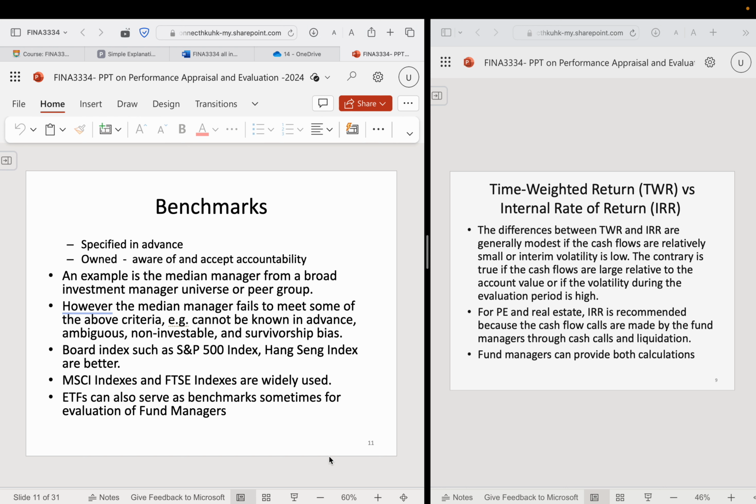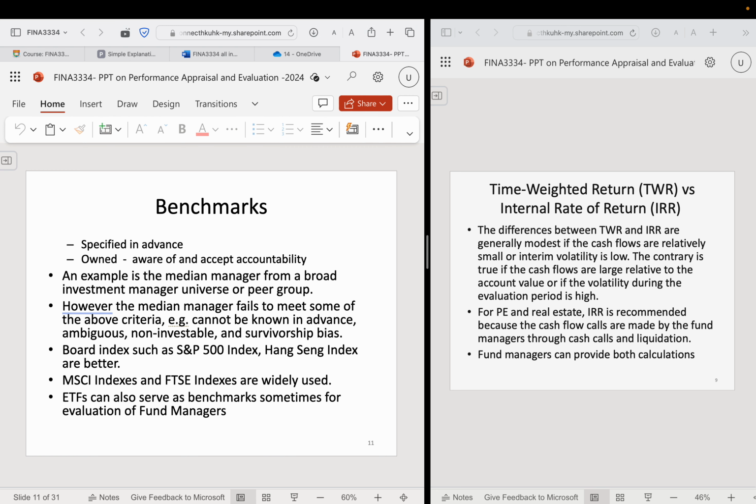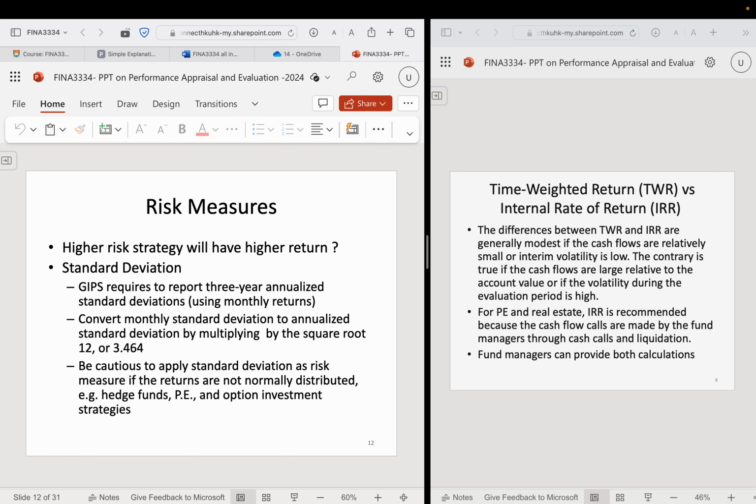So assume there are two clients. Client A and client B both invest $1 million with the manager at the start. Client A invests 200,000 in year 1, and in year 2 he puts in another 200,000. Then in year 4, he takes out 400,000.